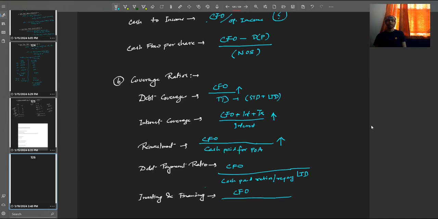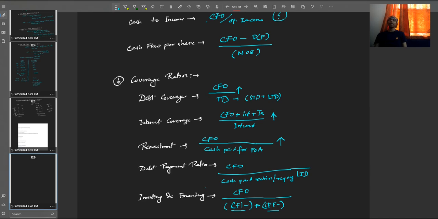Cash flow from operations divided by the sum of cash outflows from investing activities, CFI minus, and cash outflows from financing activities, CFF minus. This is the ratio which is called investing and financing ratio.